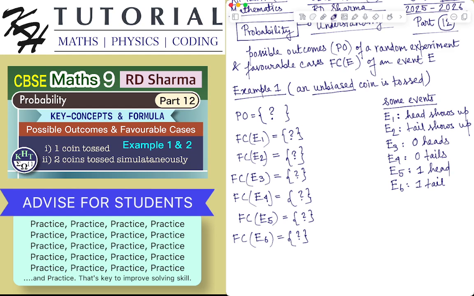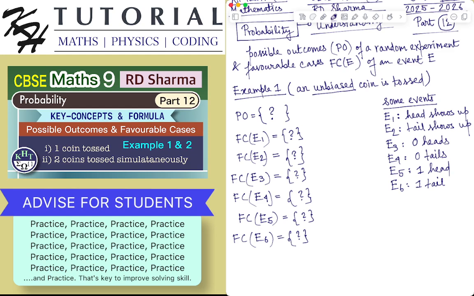Like there should be a 50% chance that a head will show up and a 50% chance that a tail will show up. Meaning, if you toss an unbiased coin 10 times, approximately 5 times it should show up head and 5 times it should show up tail. In that case, the coin is said to be unbiased.